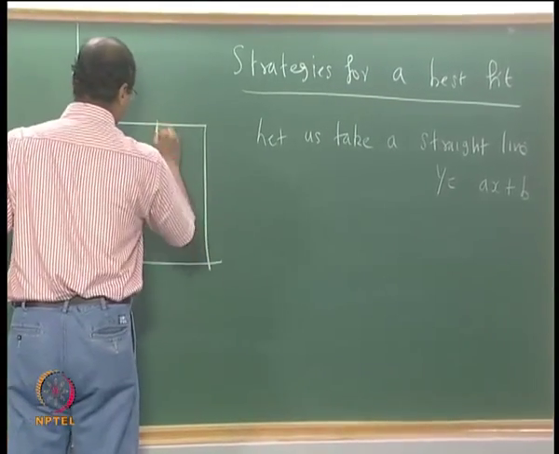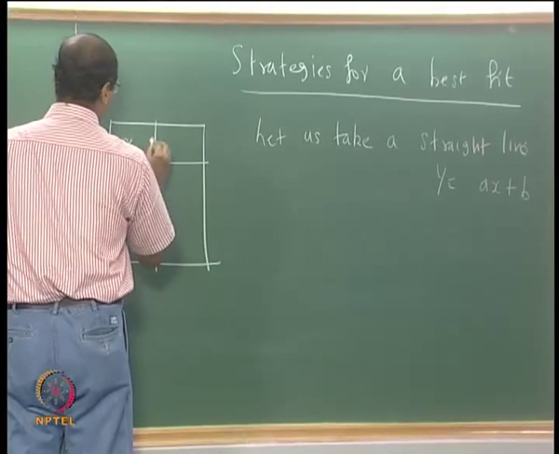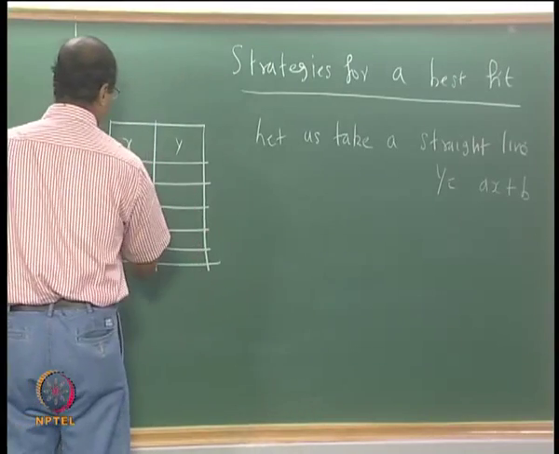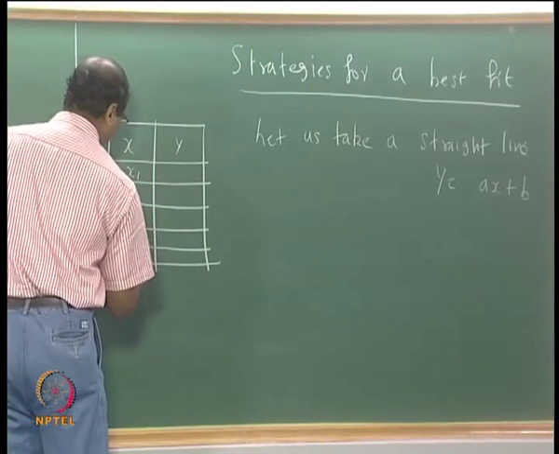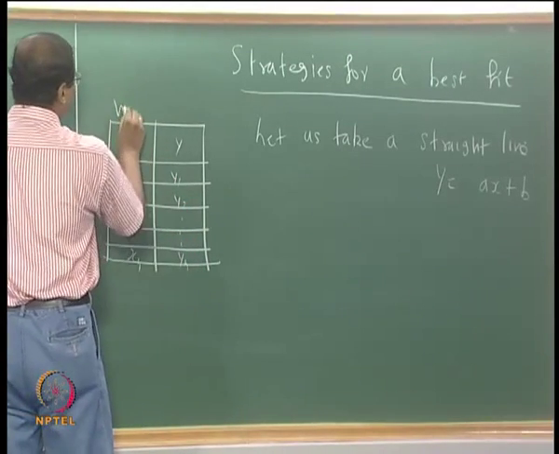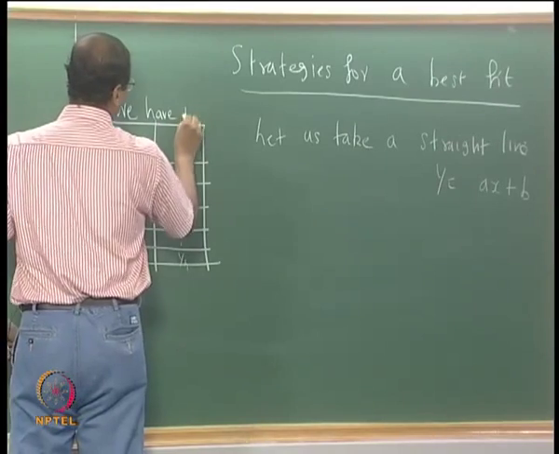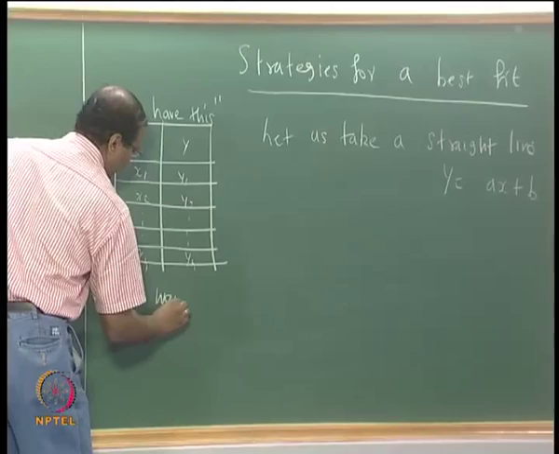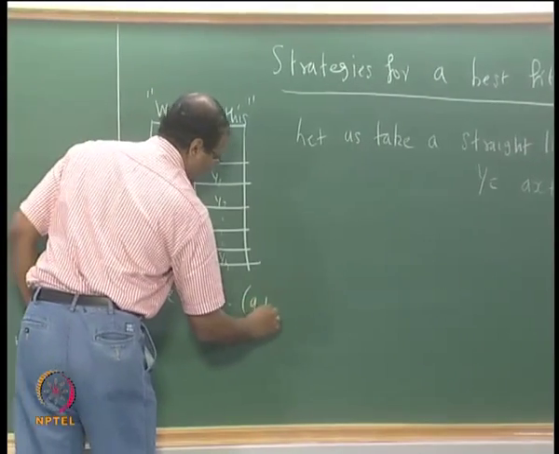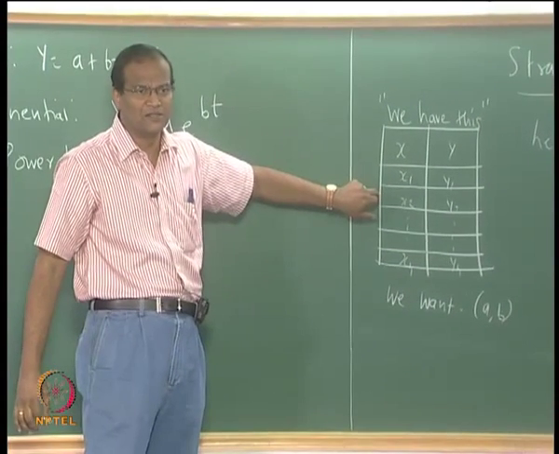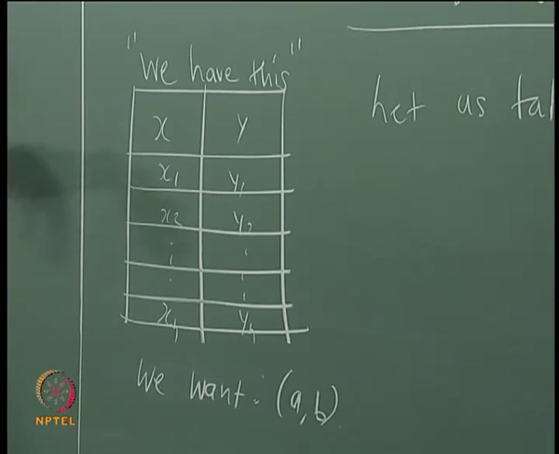Please remember, we have this, we want a and b. How do you get this? You either do your fluent computations, or you write your own program, or you do experiments in the laboratory.